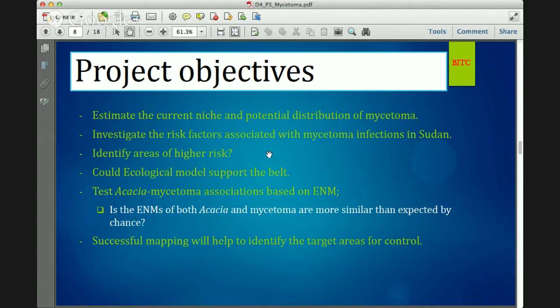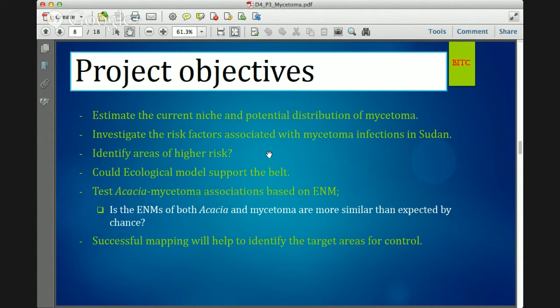So we outlined some objectives for the Mycetoma project: to estimate the ecological niche and potential distribution of Mycetoma. Other objectives mainly concentrate on investigating the risk factors associated with Mycetoma infections in Sudan and identifying areas of high risk.